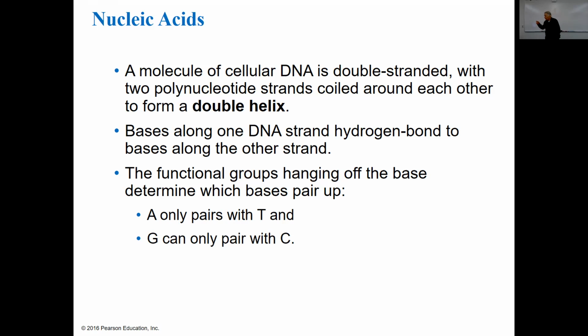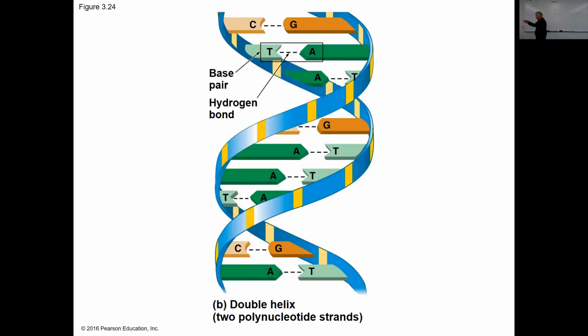Now, the functional groups hanging off the bases determine which pairs pair up. So here's the thing. This is called the base pair rules, also known as Chargaff's rules. A guy named Dr. Chargaff figured it out. That A binds with T and G binds with C. A and T bind together with 2 hydrogen bonds. G and C bind together with 3 hydrogen bonds. So there they are.